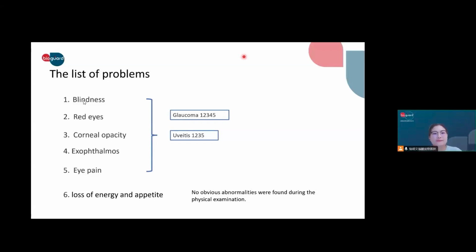Actually, it is not quite accurate to say this, because exophthalmos may also occur when secondary glaucoma is induced by uveitis. So the exophthalmos should also be considered a symptom related to uveitis. Uveitis actually could also have all of these 5 symptoms. Any other diseases?